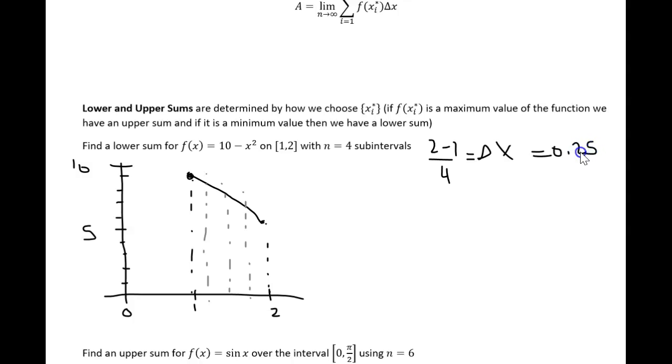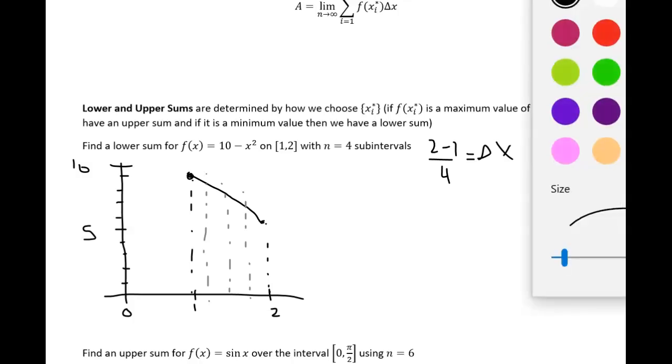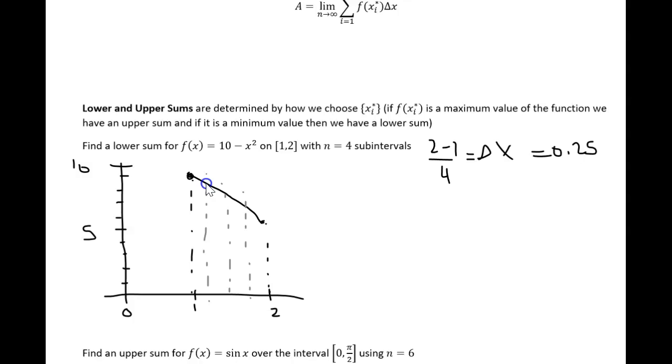And so on this one, if we wanted to do a lower sum, notice I'm no longer saying left hand and right hand. If we want to do a lower sum, we need all of our rectangles to be below the curve, like this. And so it turns out in this example that the lower sum is actually the right-hand sum for the function. And so our lower sum is an R4.